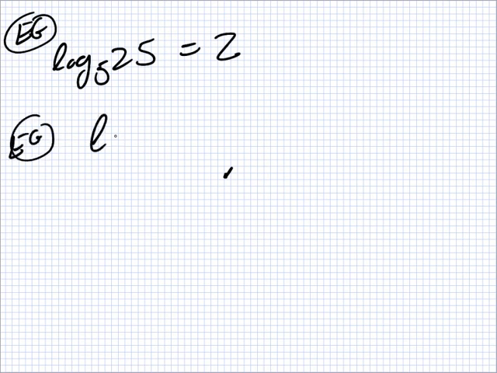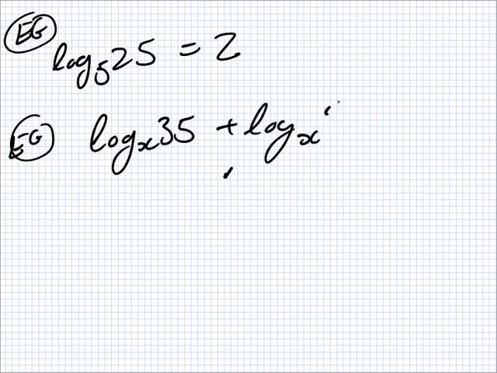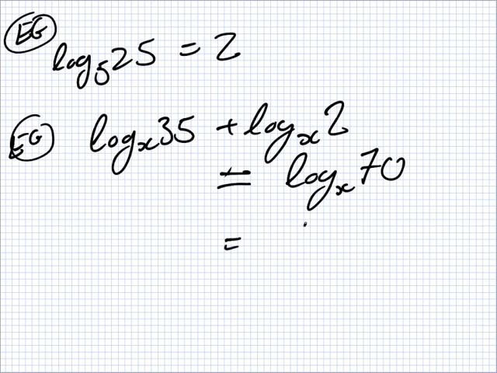I want you to simplify this: log base x of 35 plus log base x of 2. This is log base x of 70. If you want to, you don't have to, you might say it's a little bit simpler to write it like this, because we don't really want to have the x in the base. But we can leave it like this.